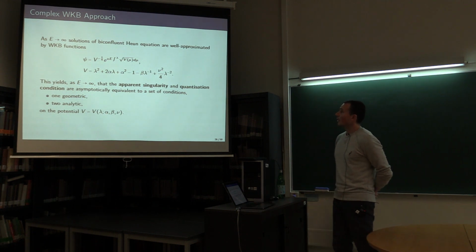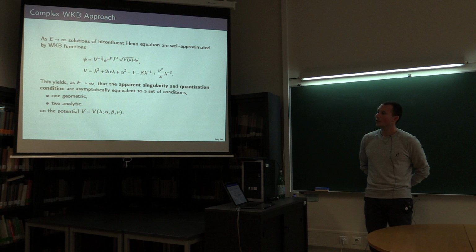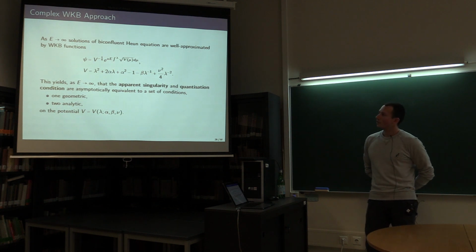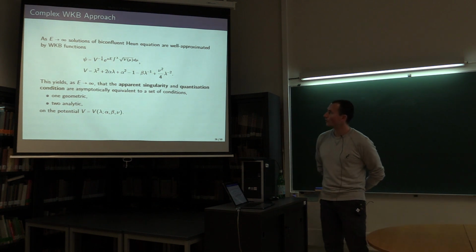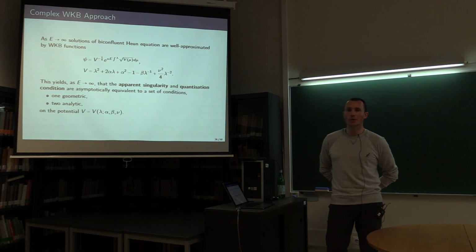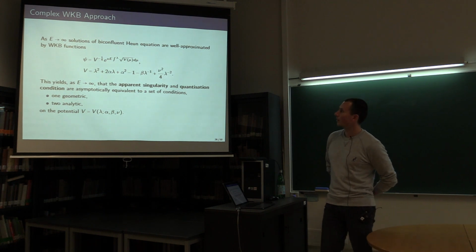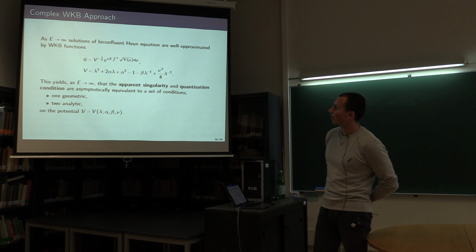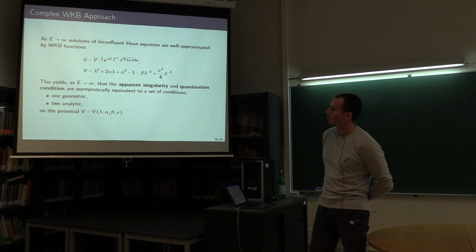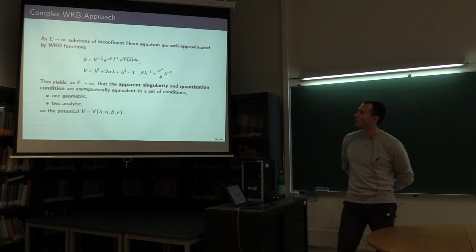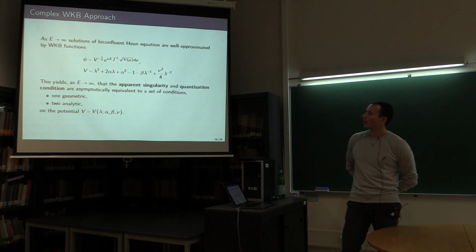And so the main idea is that as E grows large, the solutions of this equation get well approximated by WKB functions. So these functions psi are like v to the minus 1/4 times the exponential of an elliptic integral.